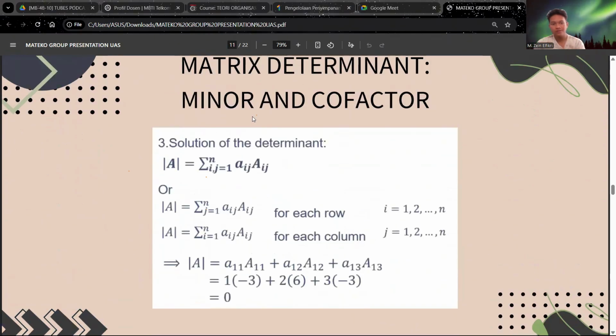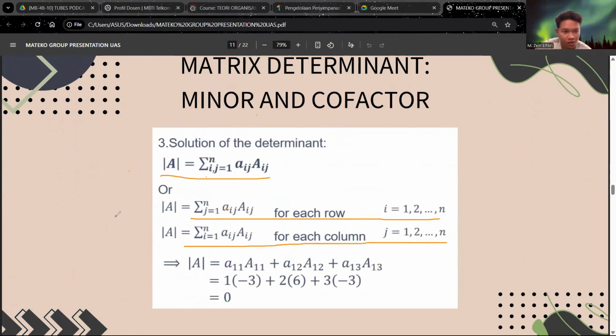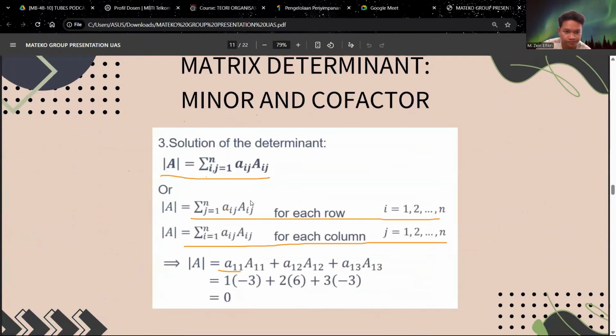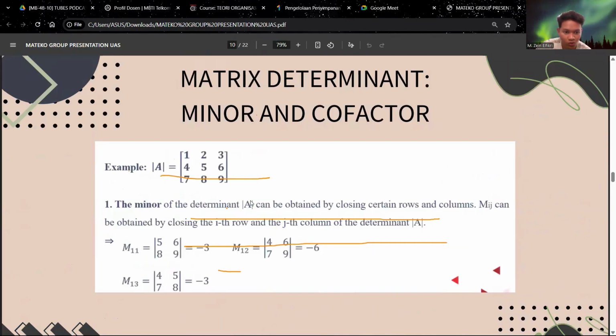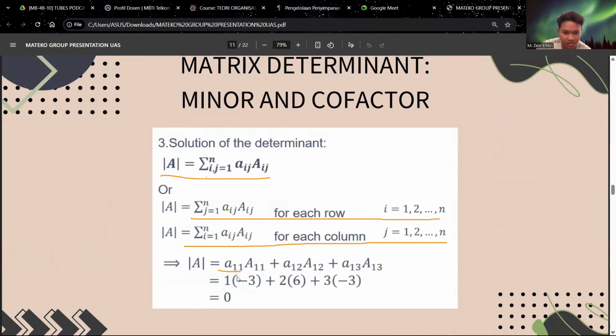Okay, we continue. The solution of the determinant you can see like this, for each row and also for each column. Then we add the numbers to this solution, A11 times minus 3. Before that, I want to tell you about A after the calculation.